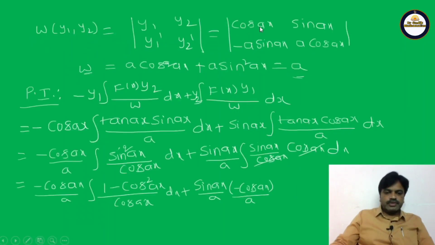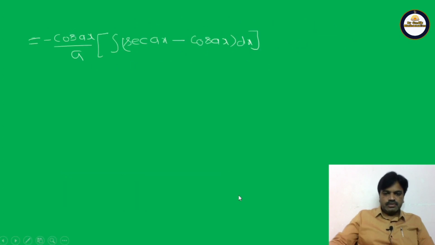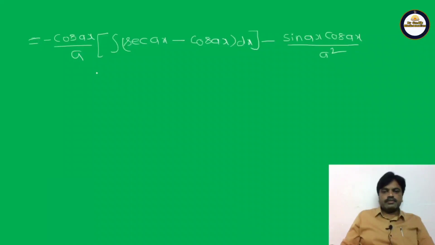What is the next term? We have minus sin ax cos ax by a square.